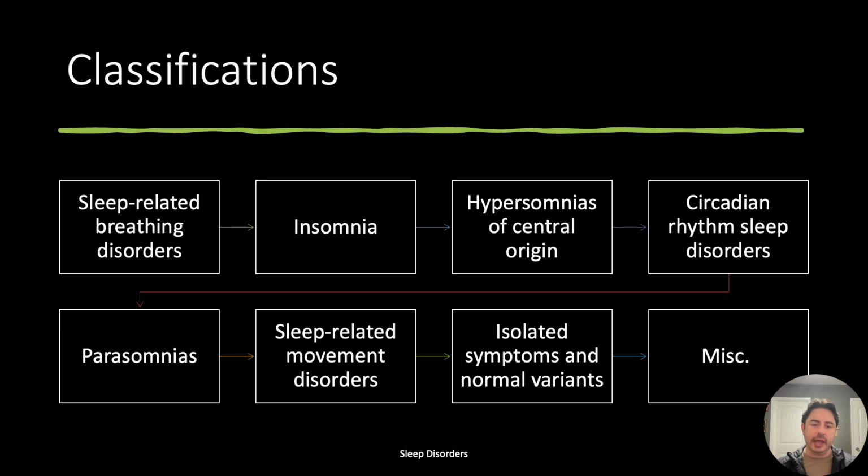The other ones that we're not necessarily going to spend as much time on are the sleep disorders that fall under the overarching category for the rest of these. So you can have insomnia, which is patients that are struggling to stay asleep. You can have hypersomnias of central origin. We can have circadian rhythm sleep disorders, parasomnias, sleep-related movement disorders, isolated symptoms and normal variants, and miscellaneous.